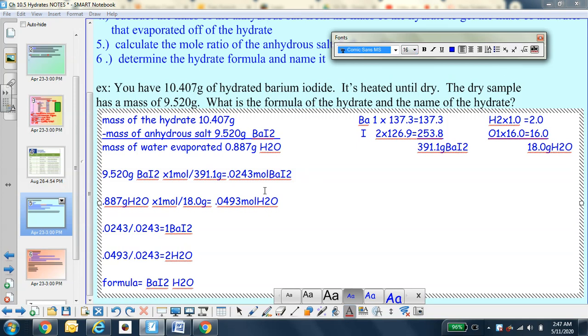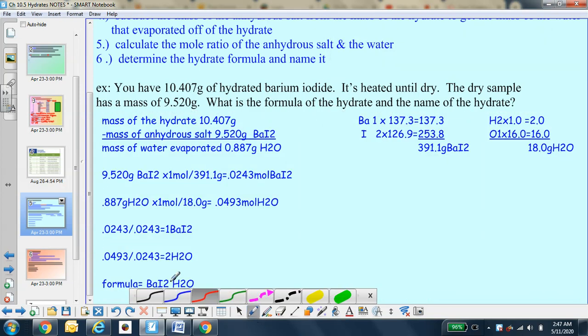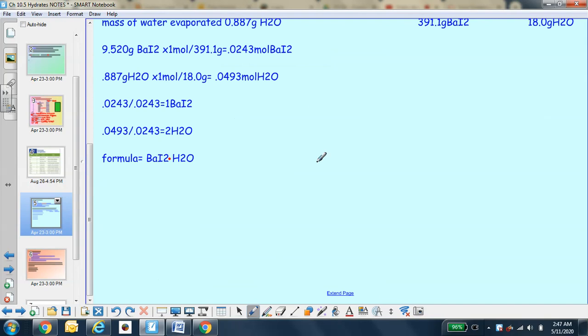Not so sure I can find a little dot to put there. I'll put that like so. Okay, so we have figured out the formula for our hydrate. Almost forgot the 2. That would have been terrible. Okay, so BaI2, 2H2O.